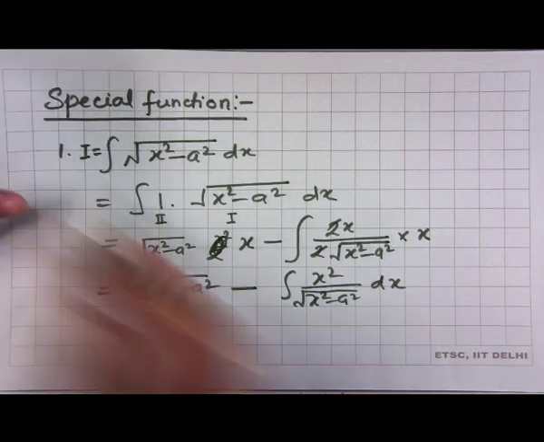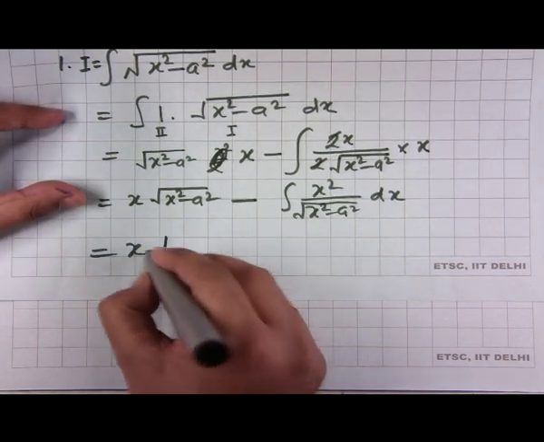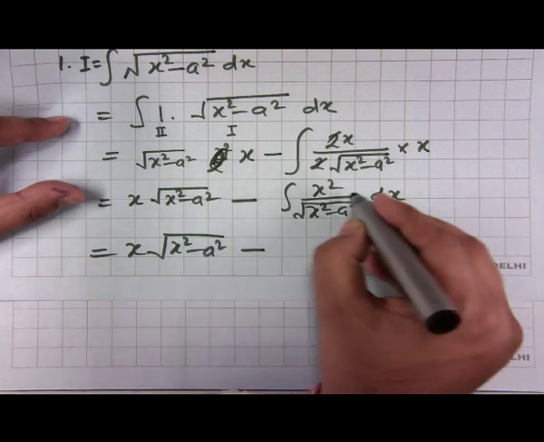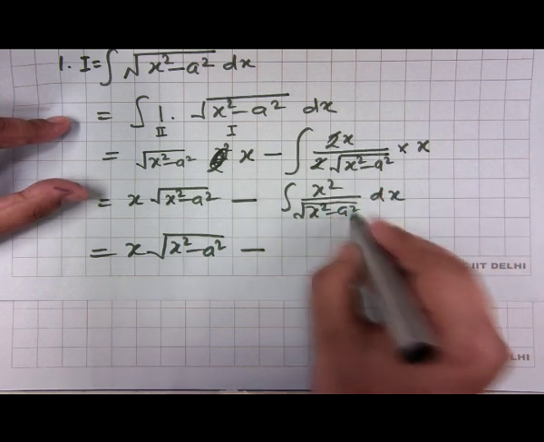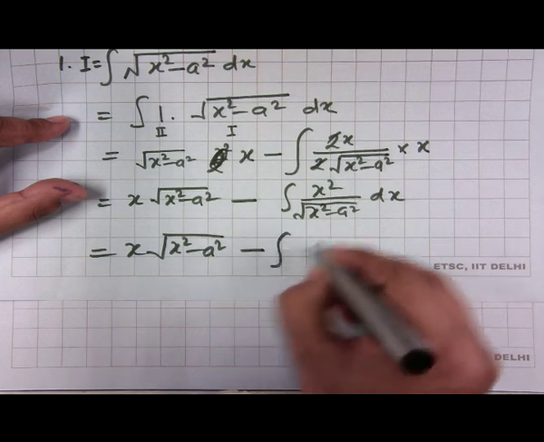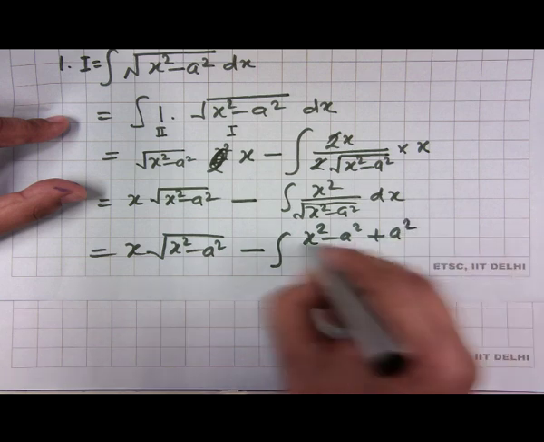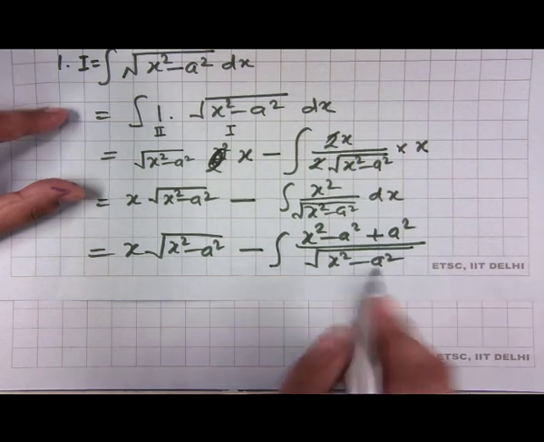So, further if we look at it, we can simplify. You keep on writing the first term as it is, minus. If I add and subtract here a square, then I can get a factor out of it. So, I will do this x square minus a square plus a square divided by square root of x square minus a square dx.